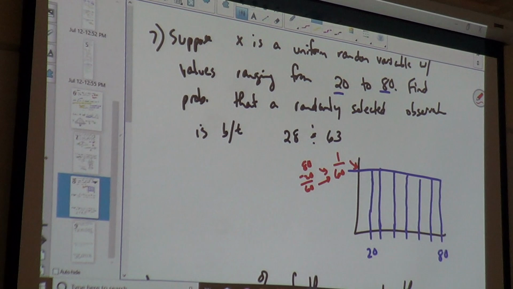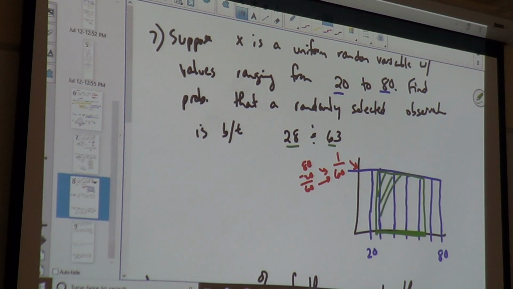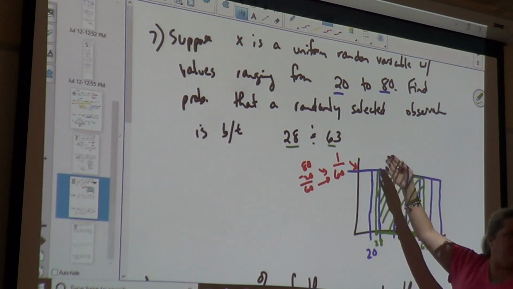We good? Now our two data points are 28 and 63. That's going to be the width of my box. I want to know the shaded area between 28 and 63. When you're doing the area of a box, you need to know the length and the width.